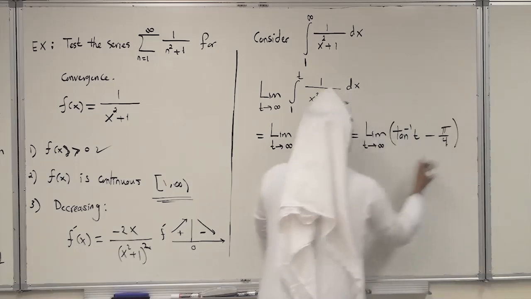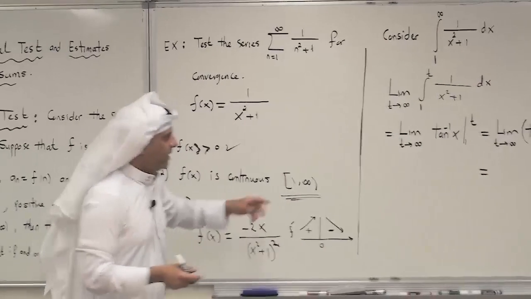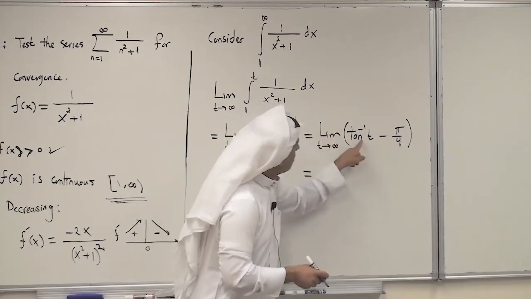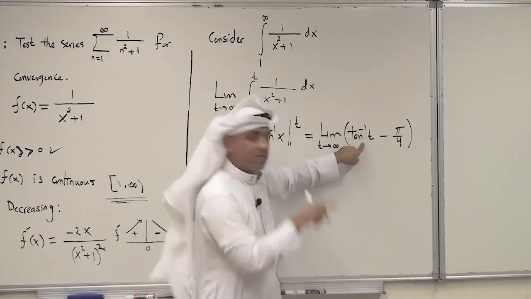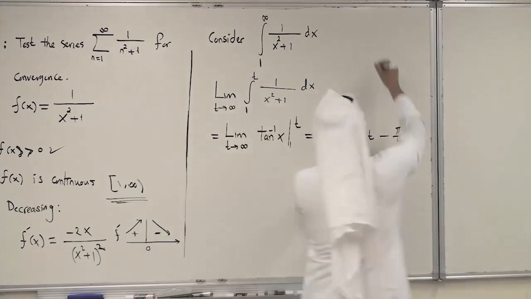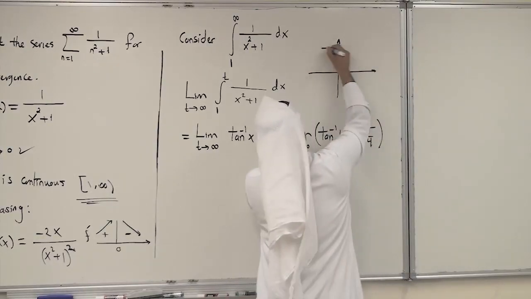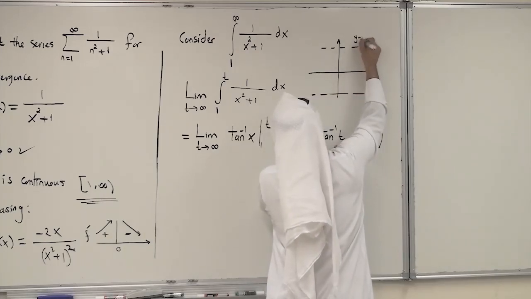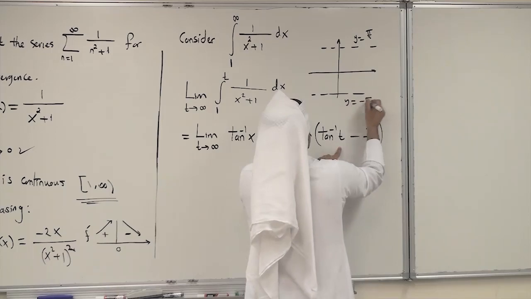Okay, fine. Now the question is, does the limit here exist or not? Tangent inverse is continuous, so we can take the limit inside. So t goes to infinity. If t goes to infinity, tangent inverse goes to what? Remember this graph of tangent inverse. Always keep it in mind. This is the tangent inverse here, something like this. This is y equal to pi over 2, and this is y equal to minus pi over 2.